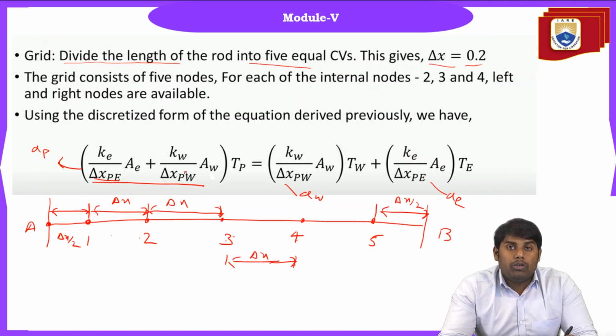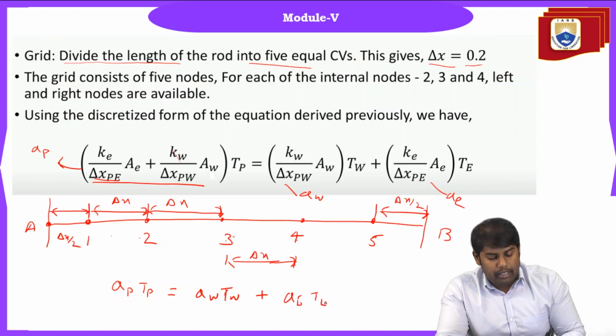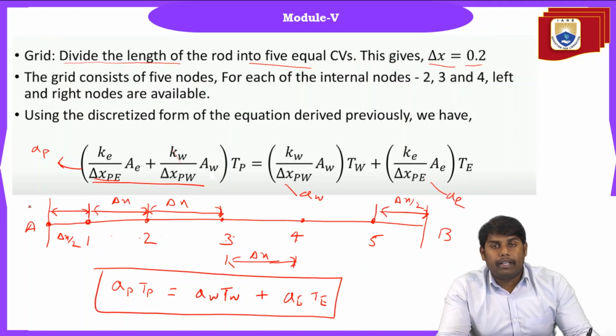Okay. So we'll take this 0 on the left boundary. We'll see it in detail. So AP TP is equal to AW TW plus AE TE. So in this way we are formulating it.